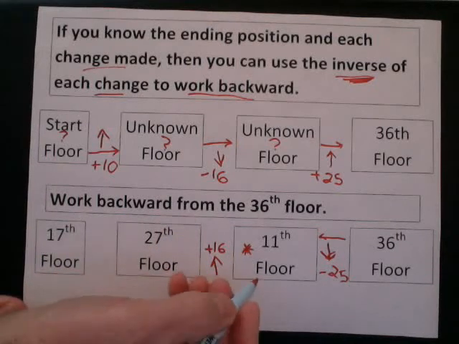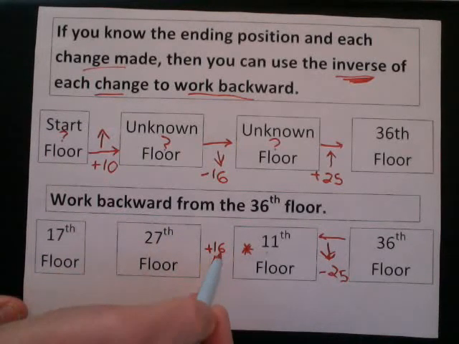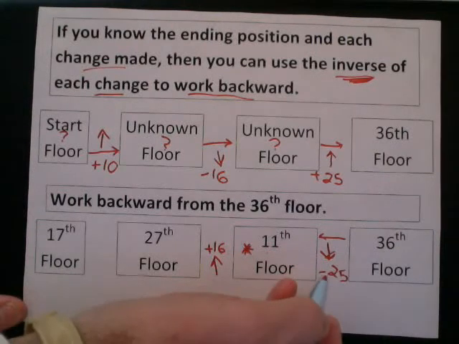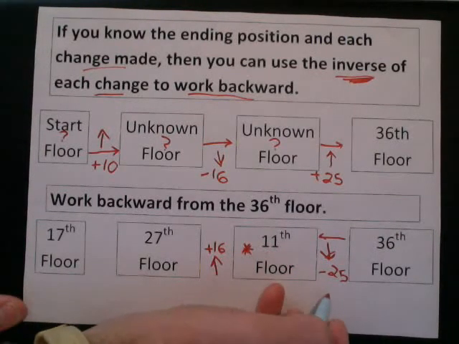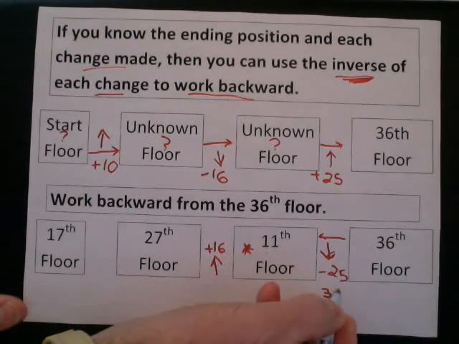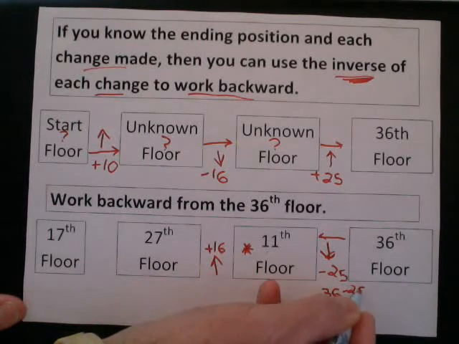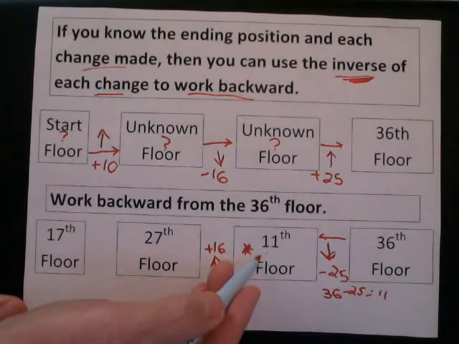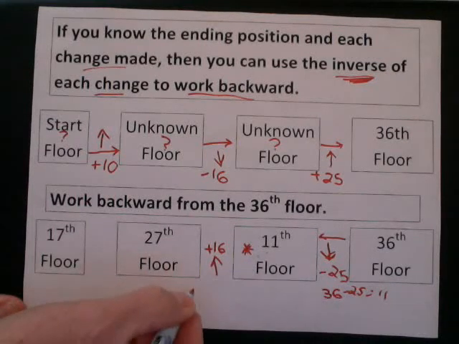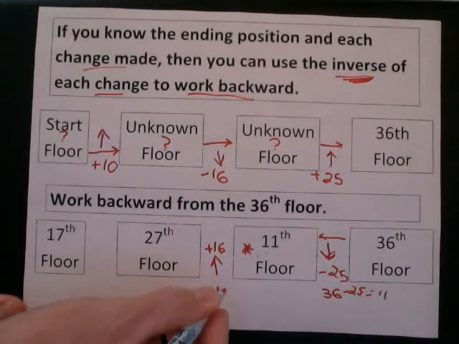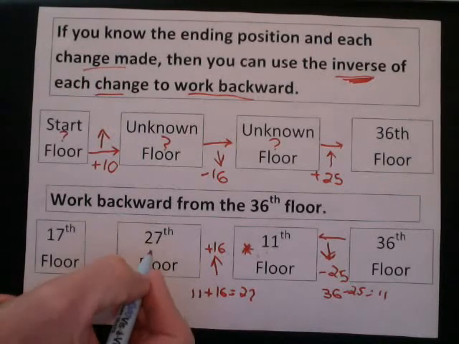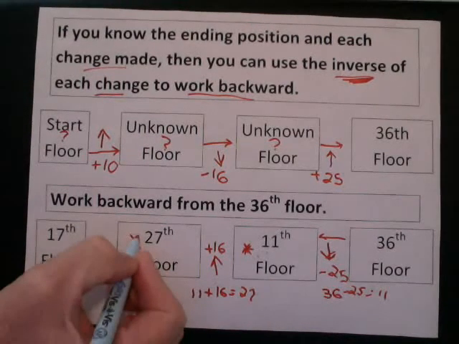So over here we're going to do 11, and we're going to add 16 to it, and it will take us to 27. So now we're on the 27th floor.